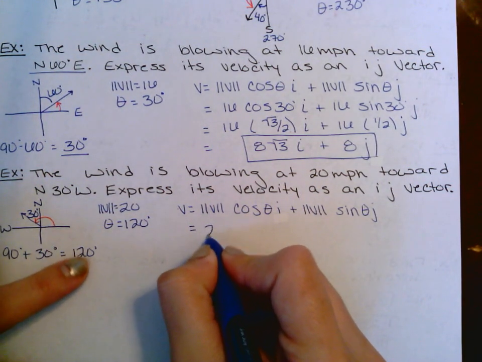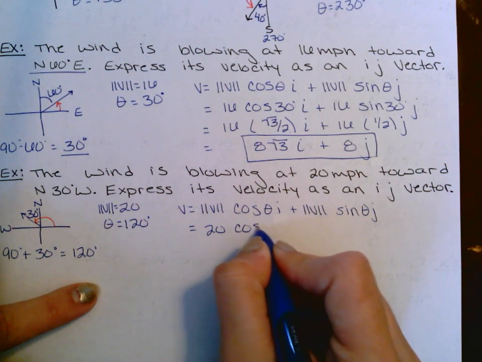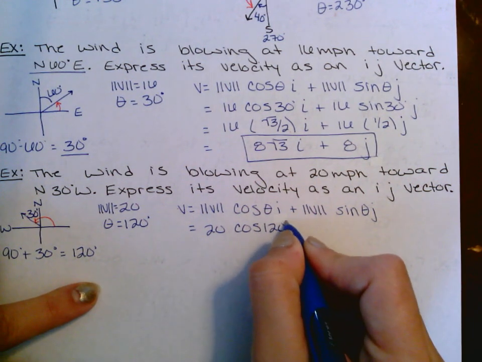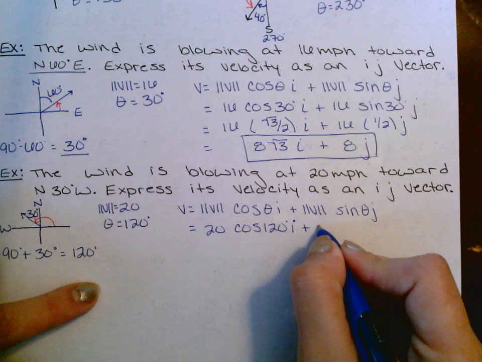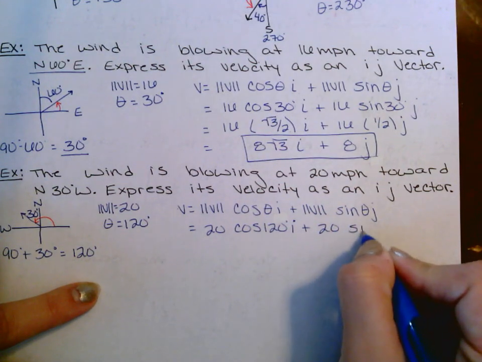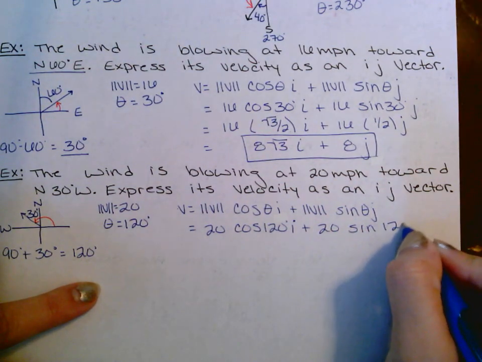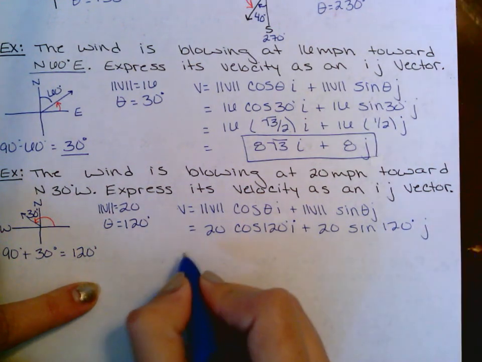So my magnitude was 20 times cosine of 120 degrees i plus my magnitude, which is 20, times sine of my theta, which is 120 degrees j.